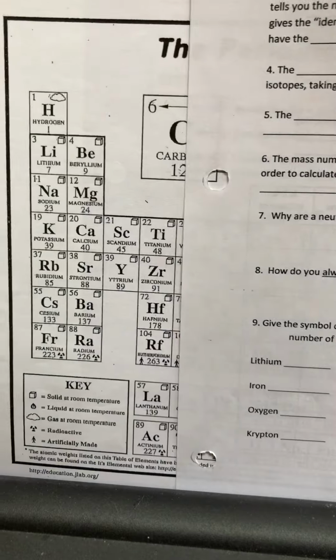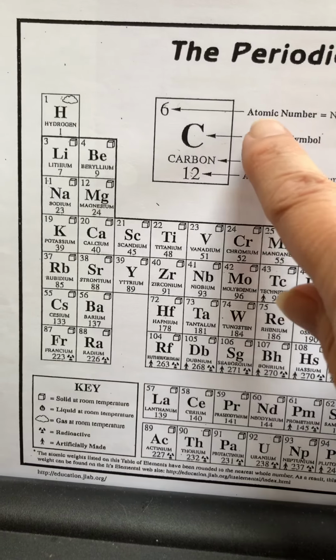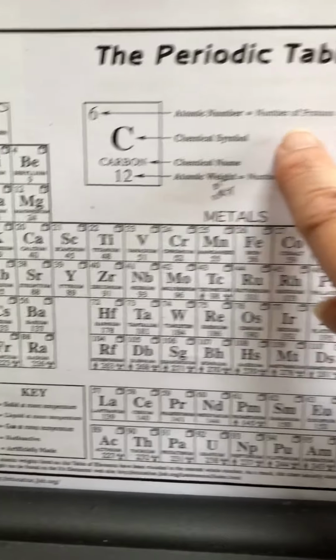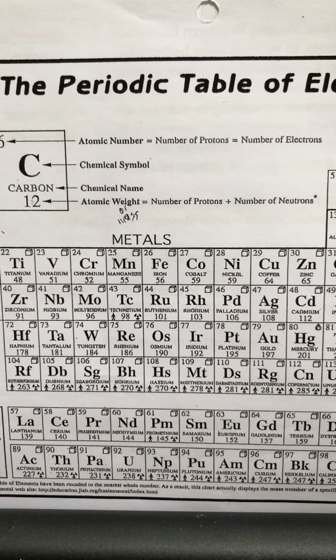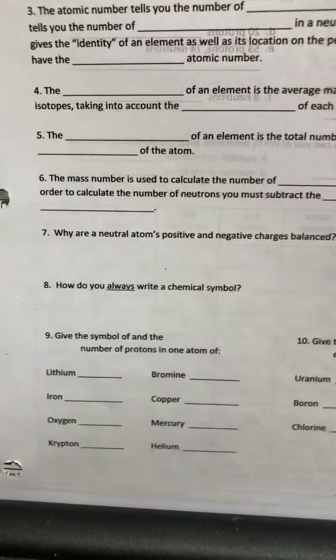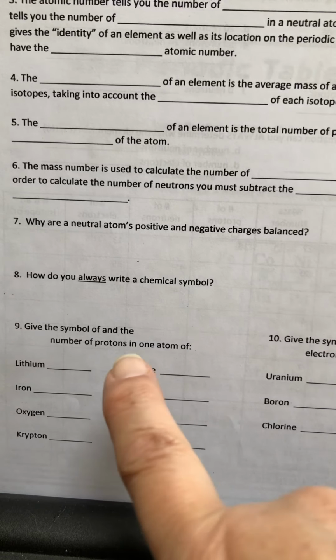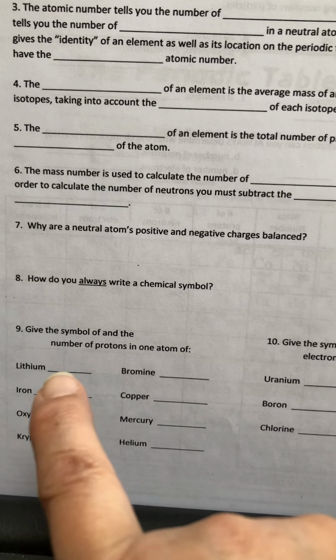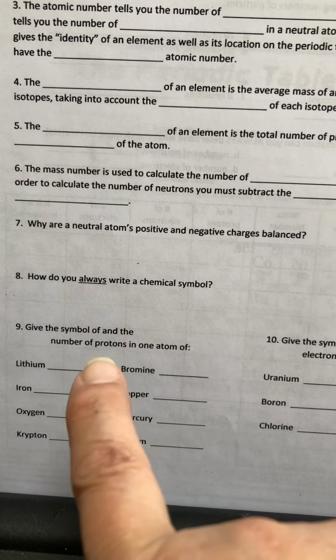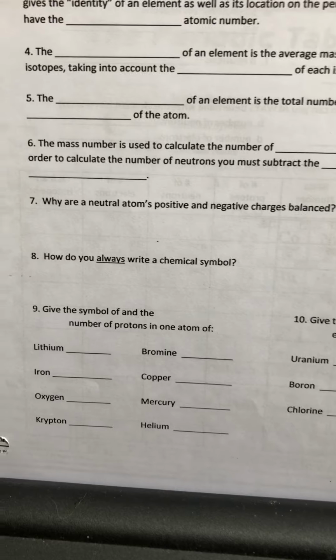And remember, the atomic number is the number of protons and it is the number of electrons. This is asking, give the symbol and the number of protons. So you would put capital L, lowercase i with a 3 for lithium.